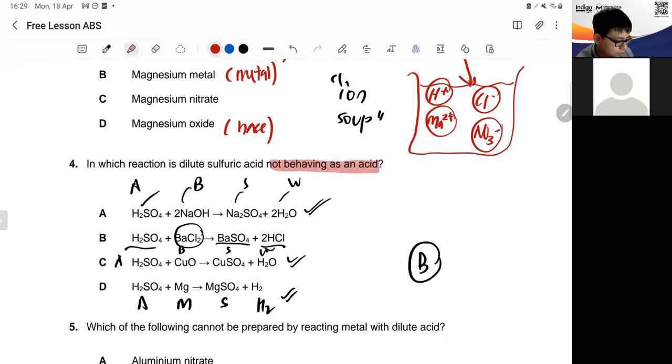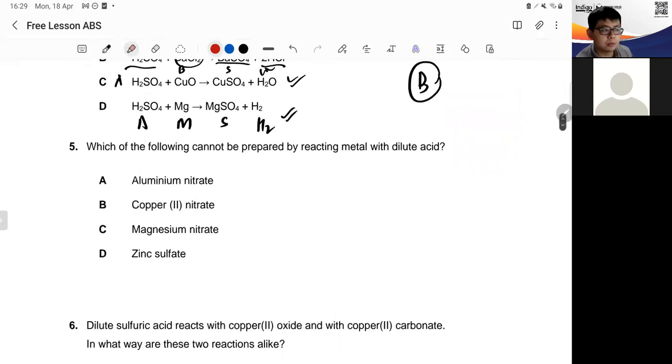Question 5 is a bit of a trick question, but if you know what you're looking for, it's very obvious. If you go back to the top of the notes about reactions of acids with things, you'll find that the word is reactive metals. If the metal is not reactive, it cannot react with the acid. The classic example is copper. Once you learn more about the reactivity series, you understand why copper doesn't react with dilute acid.